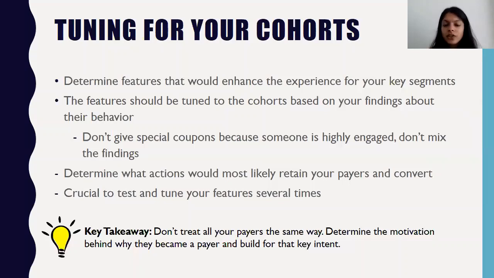Build your features based on what you found and based on the main motivation behind why they're purchasing a certain thing. And determine what actions would most likely retain your payers and convert. So if you have these cohorts and you're segmenting them based on these different clusters you found, make sure you're giving them the correct features so you can retain them, so they're having a good user experience.